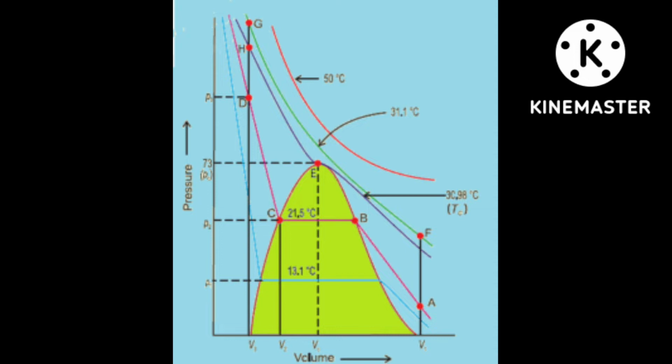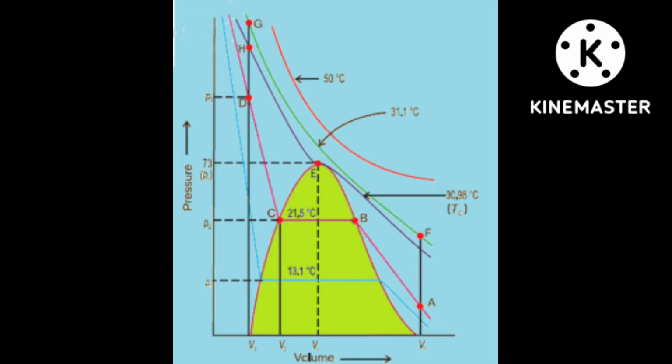I have told you the main things, but now, actually, Thomas Andrews, a scientist, a chemist, did this experiment. I will tell you what he did, because you are studying liquefaction of gases.